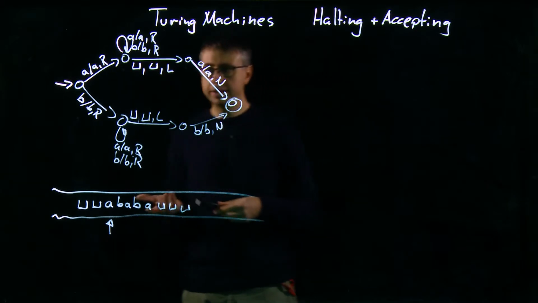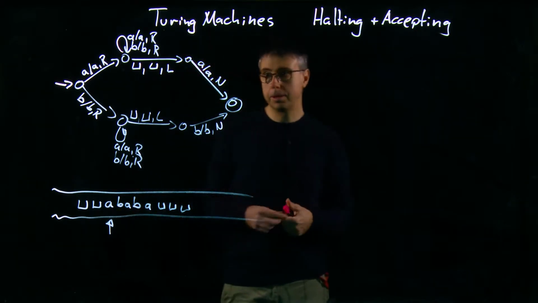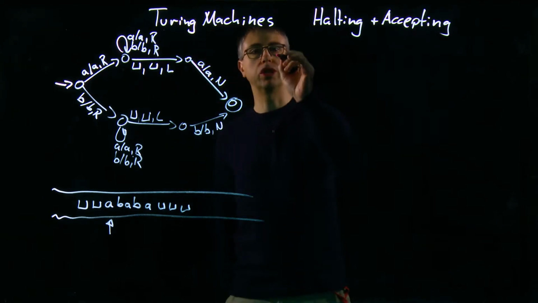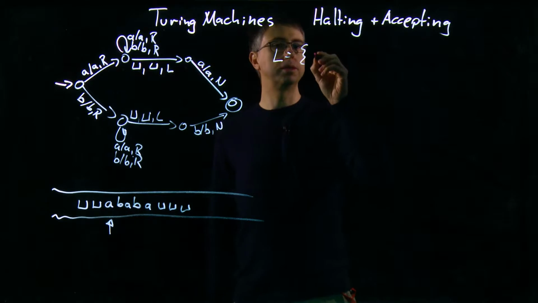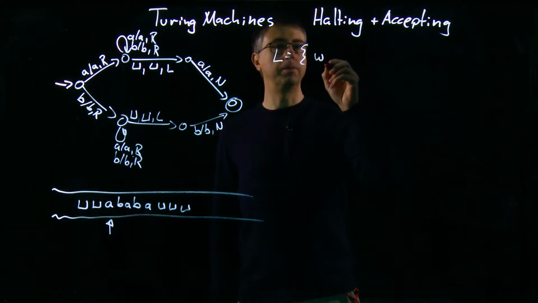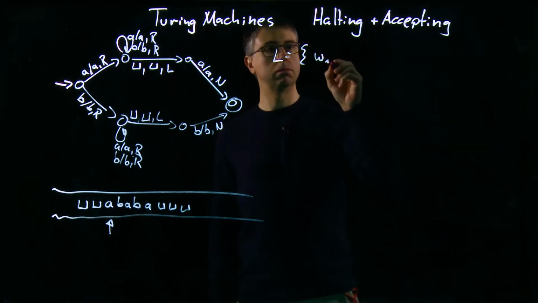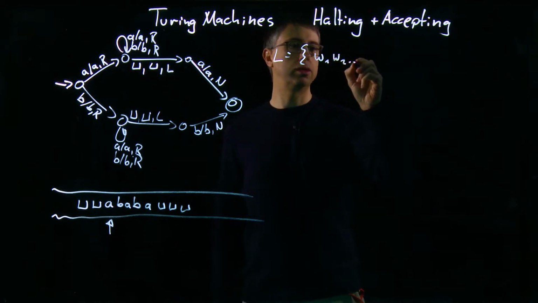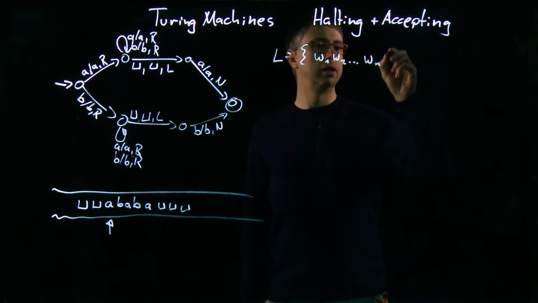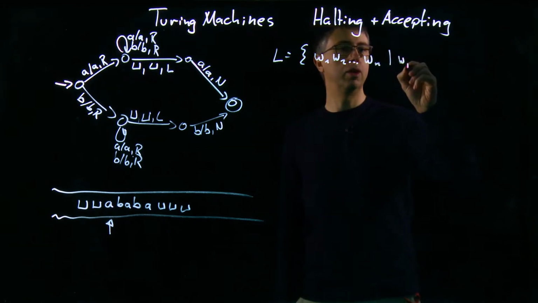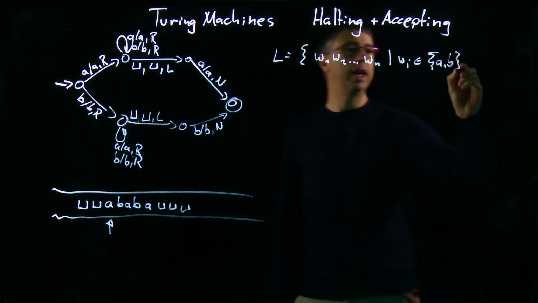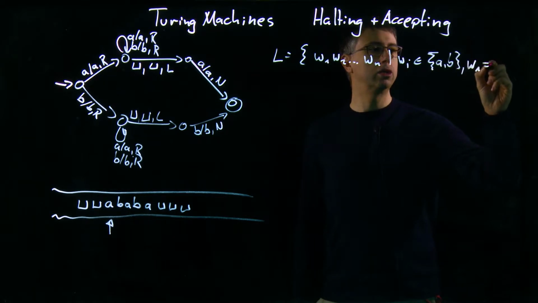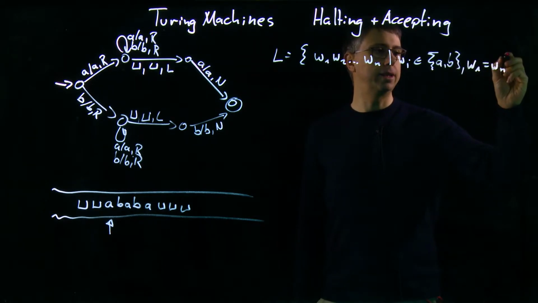So by this, the Turing machine can accept a specific language, our language L, which is the set of all words W1, W2, and so on till Wn, such that Wi is in the set of A's and B's, so it's only one letter here, and the first letter, W1, should be equivalent to the last letter, should be the same letter.